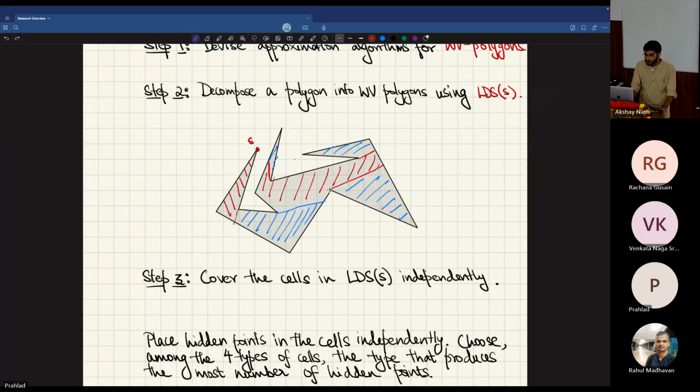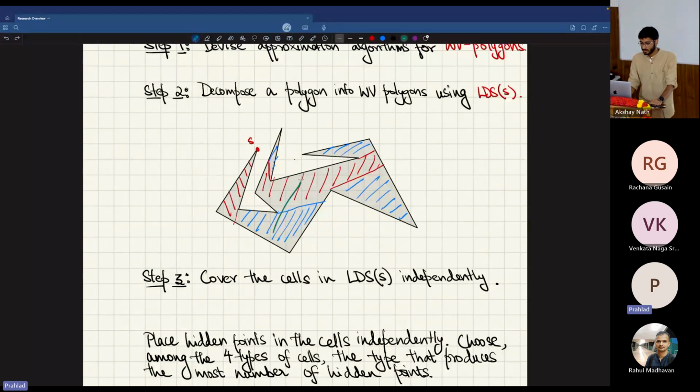So here's what I mean. If you take a convex piece, it can look like this. But what I'm trying to say is that it can't go through 4 polygons here. That's all. It can go through at most 3. It can intersect at most 3.